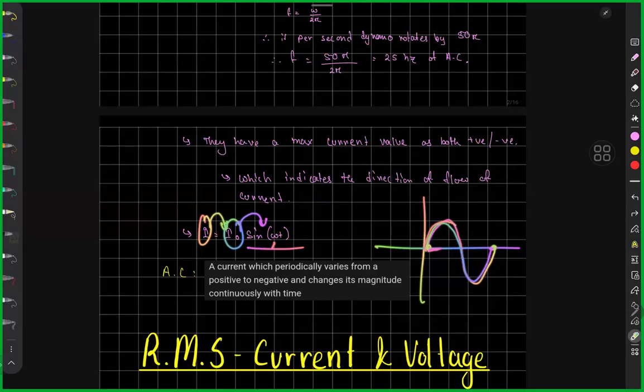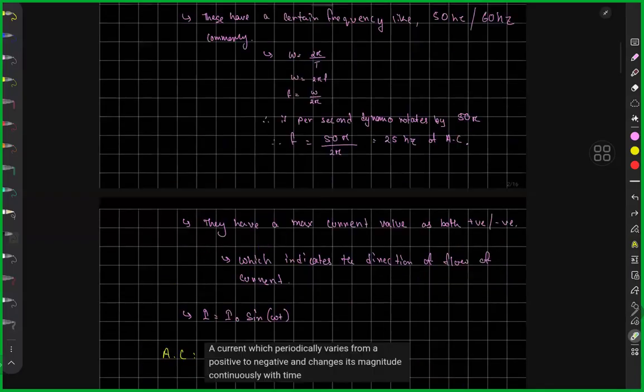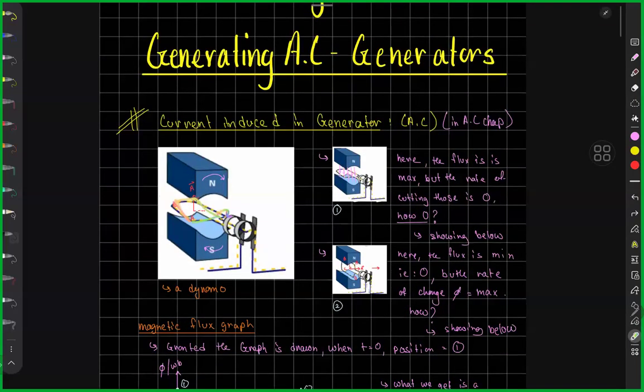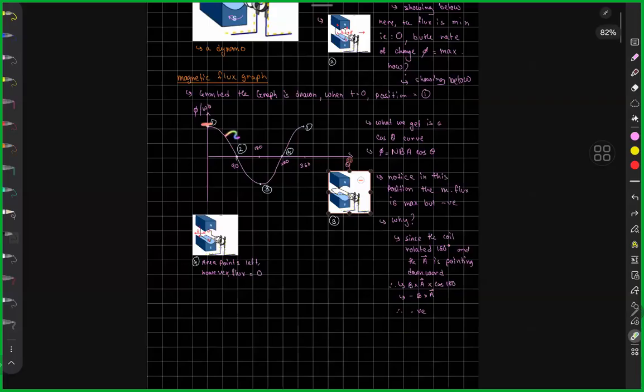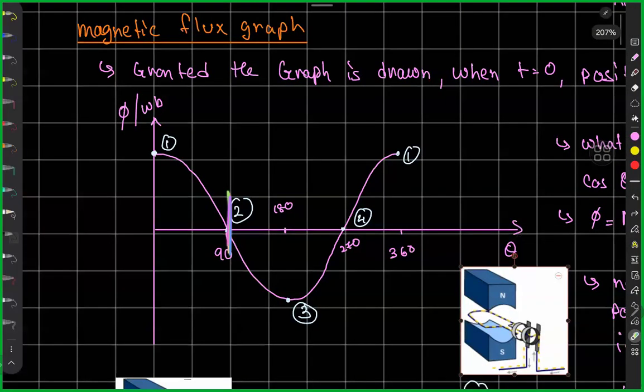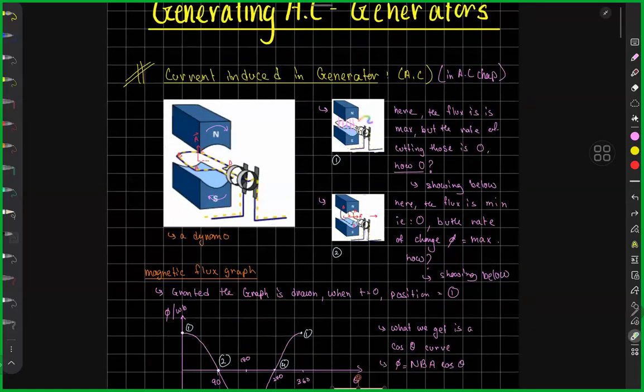And this entire graph, if it's a sine, if it's a cosine, depends entirely on how the dynamo is set up. So it depends entirely on where the flux change we start considering. Okay, so the standard is we consider sine. So let's say the dynamo was at 90 degrees, that is, it was not in this position, not in this position.